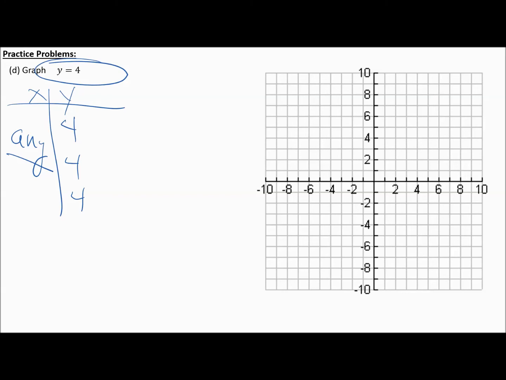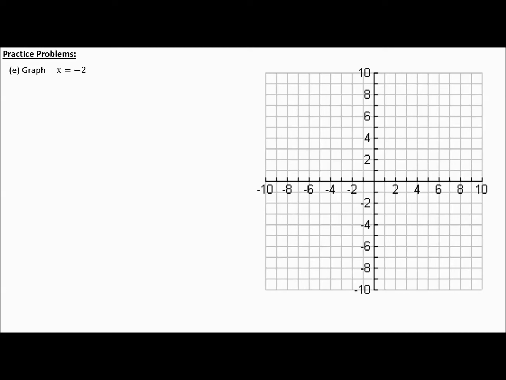Well, if you plot the point like 1, 4, 2, 4, 3, 4, 8, 4, 25, 4, you're going to get a horizontal line. So here's 1, 4, 2, 4, 3, 4. Anything, 4 is going to give you that line right there. So even if you forget it's horizontal, you can plot points and figure that out on your own.